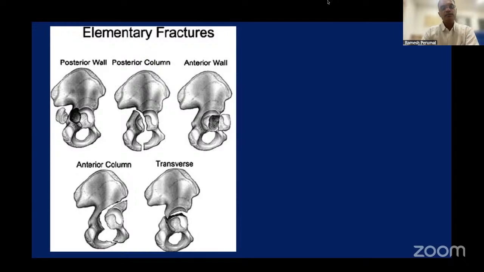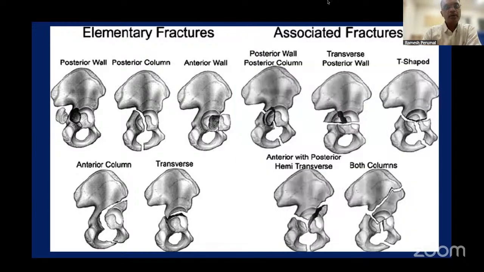The other thing is, when the opposite column is also involved, the term is associated fractures. The commonest ones we used to see are the posterior wall and column fractures, and also the transverse with posterior wall. You can see the obturator ring is intact, but when the obturator ring is broken, it is a T-shaped fracture, and you can see the intact articular surface attached to the ilium.